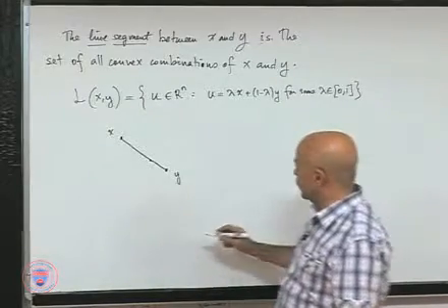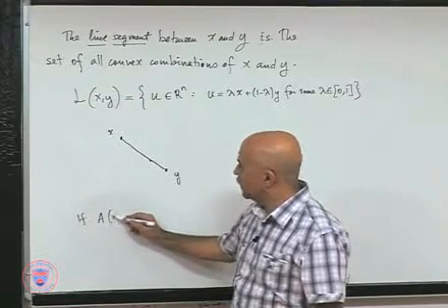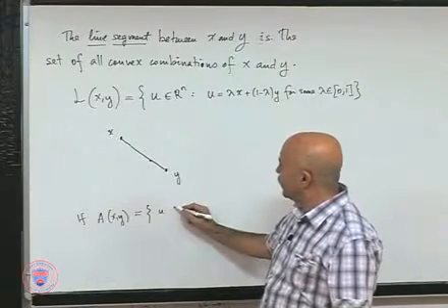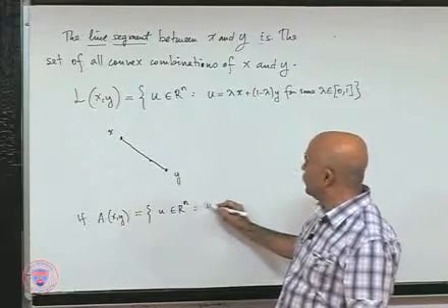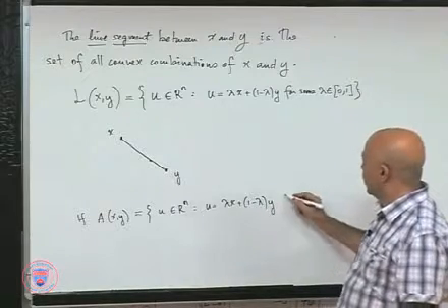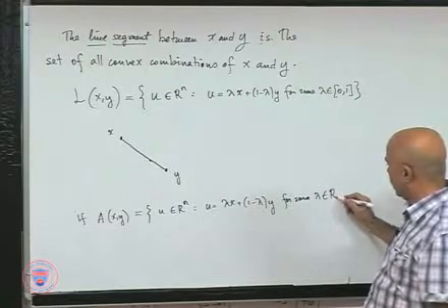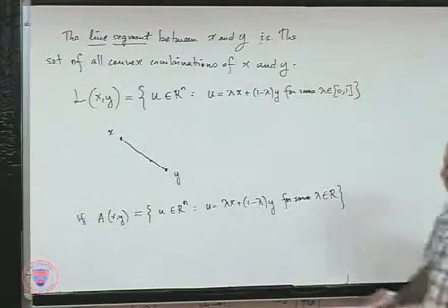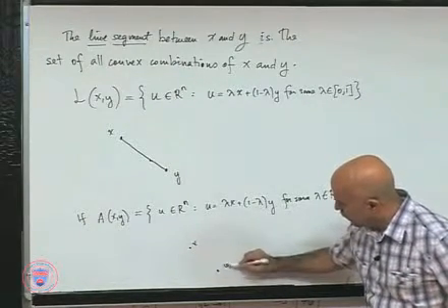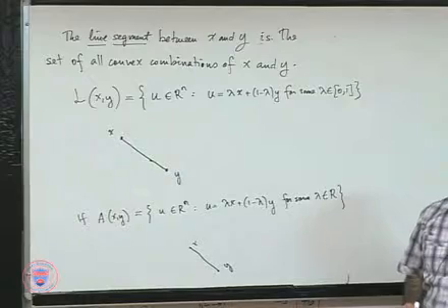What about the affine combination? If A is the set of points defined by u in Rn, where again u is equal to lambda x plus 1 minus lambda y, where lambda is some number in the real line. And in that case, the picture is a little bit different. When lambda is restricted to these points, you generate the line segment between them.